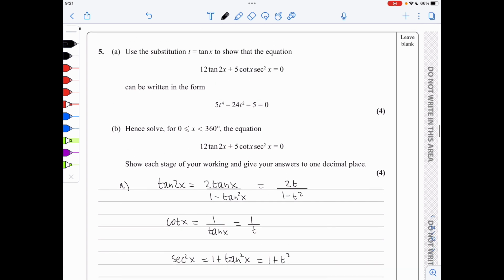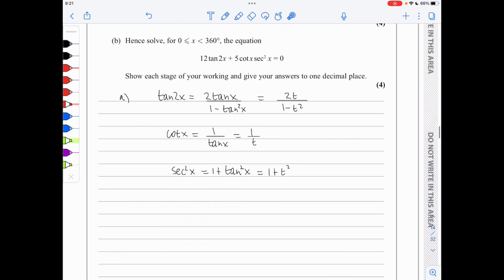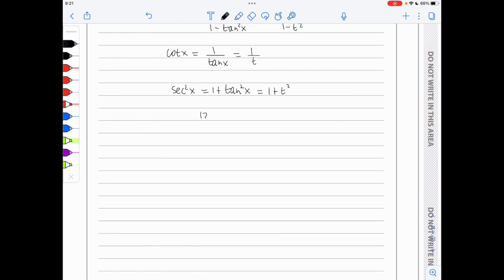And so I can revisit the given equation and simply substitute. So we've got 12 tan 2x plus 5 cot x sec squared x is 0. So this will become 12 times 2t over 1 minus t squared plus 5 times 1 over t times 1 plus t squared is equal to 0. So we will proceed into simplifying all of this.